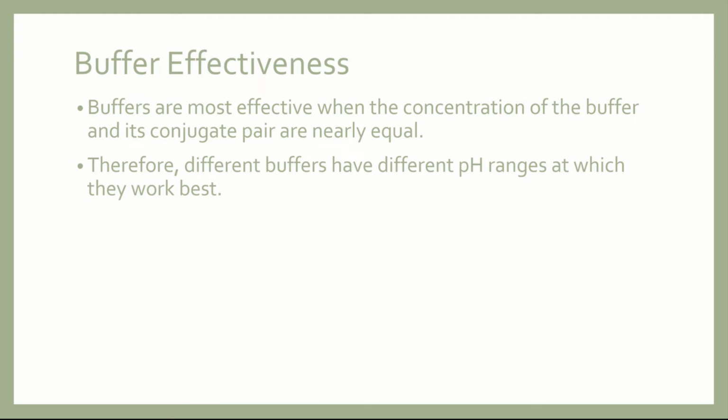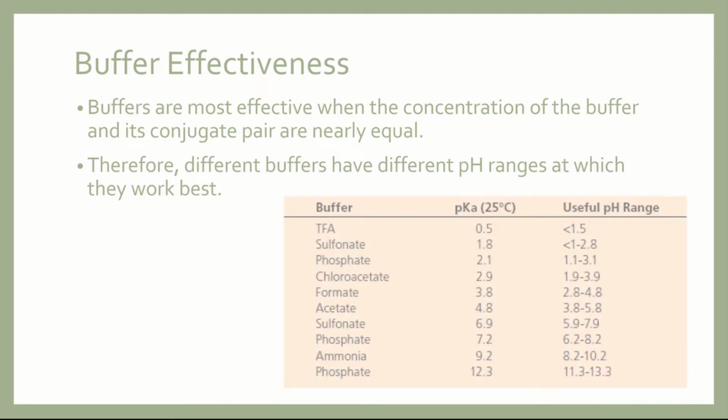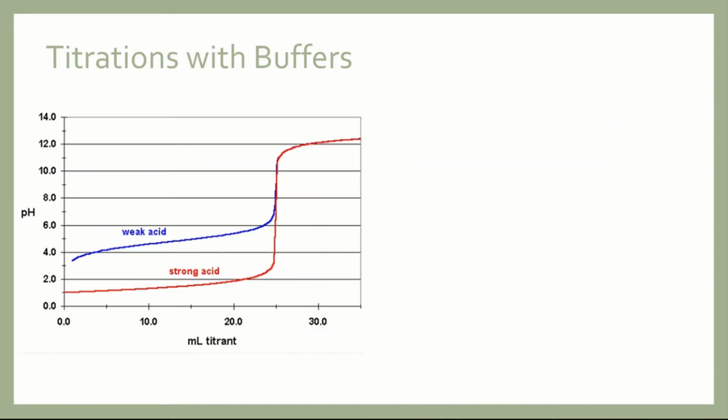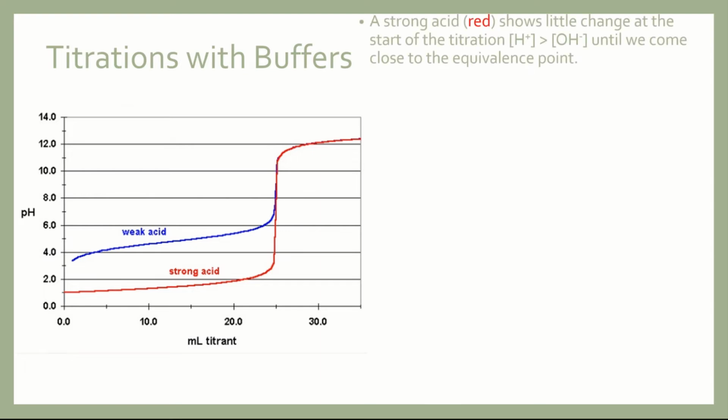So when you're at equilibrium for the buffer. So for that reason, buffers have different ranges that they work best at for their pH. All right, taking a look at a titration curve.